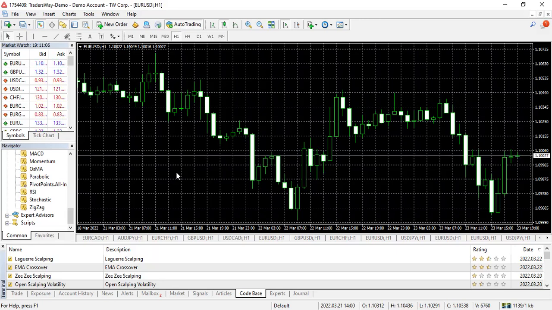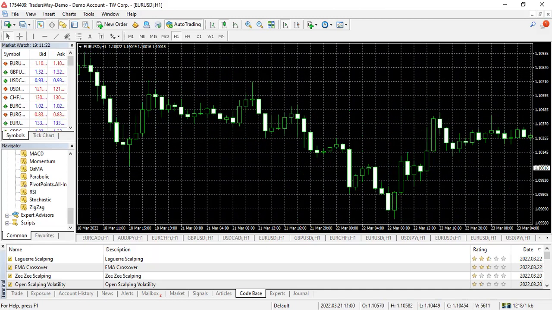Let us first of all talk about the single candlestick. One of the single candlesticks we'll be talking about is the spinning tops.